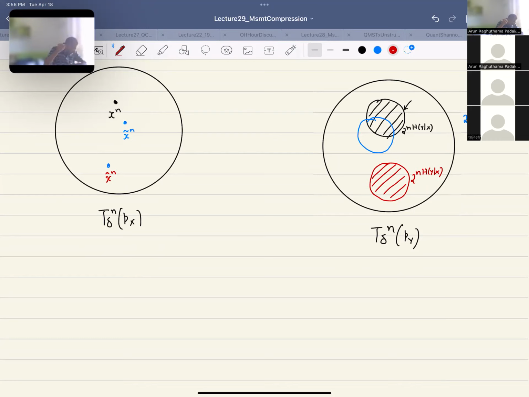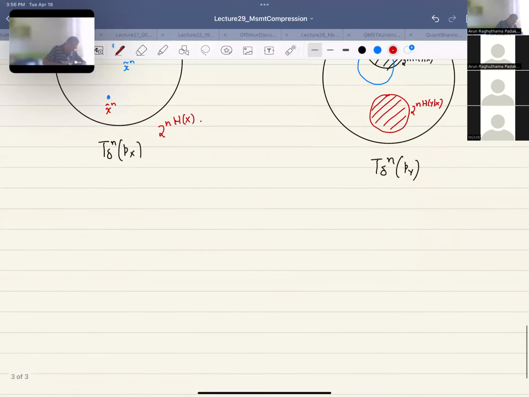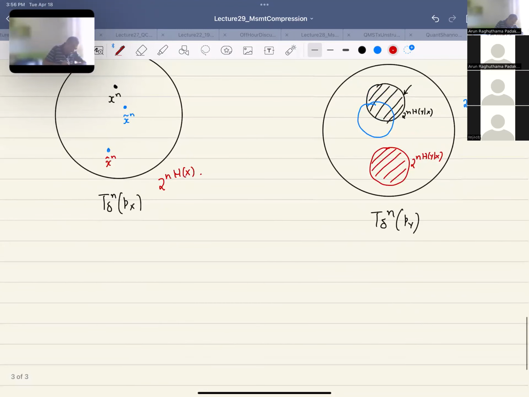You may also not need to tell the x^n sequence, because there are 2 power n H of X number of sequences on the left. You maybe don't need to tell even so much. You really need to tell Bob which small ball he needs to pick from, and from that he can pick randomly. I don't care, and he doesn't need to tell that to Alice.